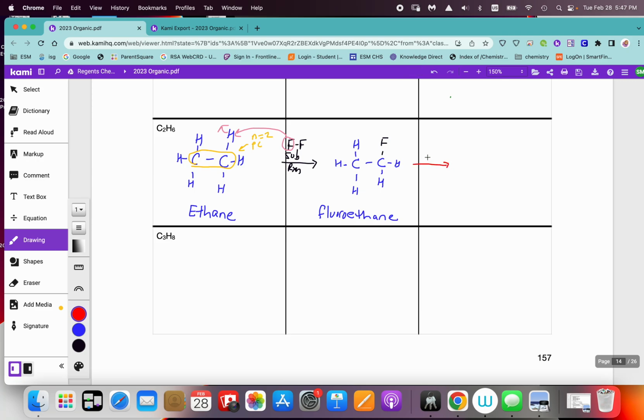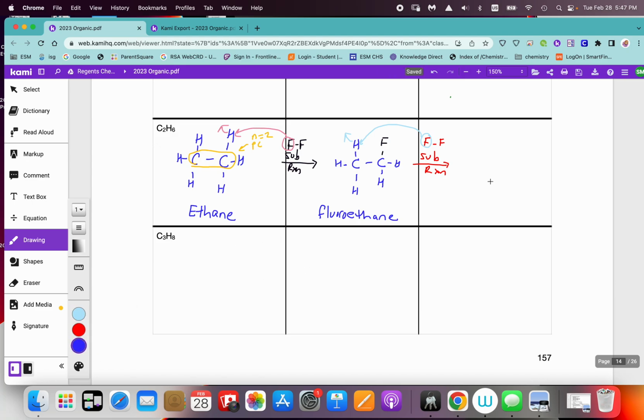Now I am going to put this structure through another substitution reaction, and I am once again going to replace a hydrogen with a fluorine. So this time, this fluorine is going to come in and kick this hydrogen out.